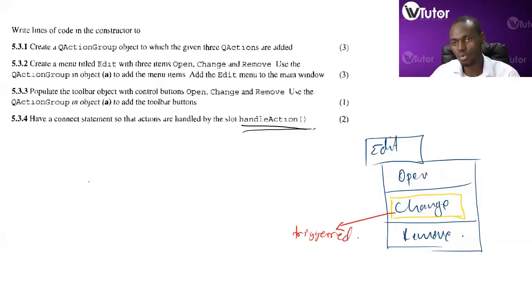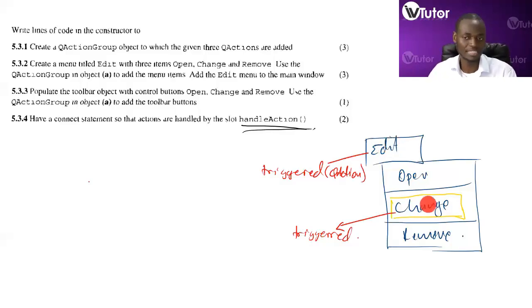At the same time, this will also emit a signal called triggered because you triggered its action. You clicked one of its actions, so it will also emit. But the difference between this one and this one is that this one has one more piece of information. Which action? Because at this level, this one will say, you have triggered me, but this is the actual action that you clicked. So this menu item will always emit the triggered signal, which specifies which action has been clicked, whereas these ones only emit a triggered signal, but don't specify the action, just says, oh, I've been triggered.